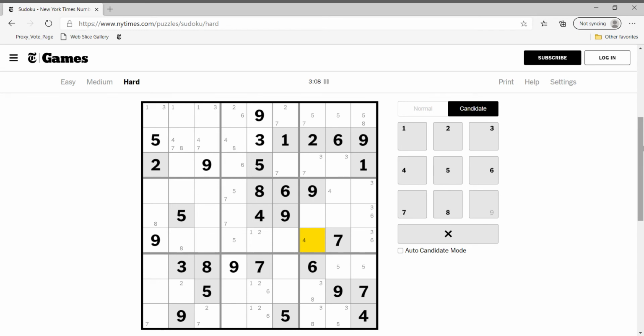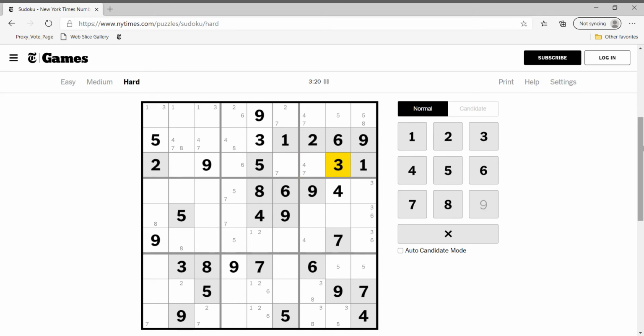So this has to be 8, and this is 4. So no matter if this is 5 or 8, we get 4 over here no matter what. So now we know this is a matching pair, like this. And obviously this cannot be 4.